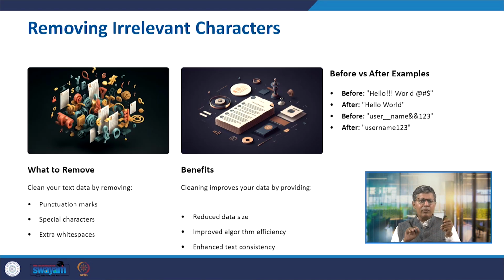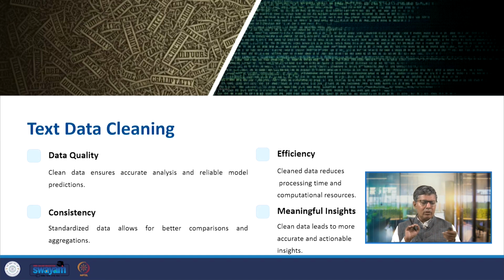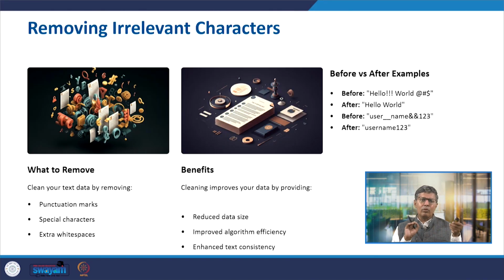The first thing when you talk about data cleaning is to start with removing irrelevant characters. If you remember, when I was talking about n-gram analysis, I said there are some terms, some words which are irrelevant in nature. We don't want them, they are not useful for us, so we have to remove them.